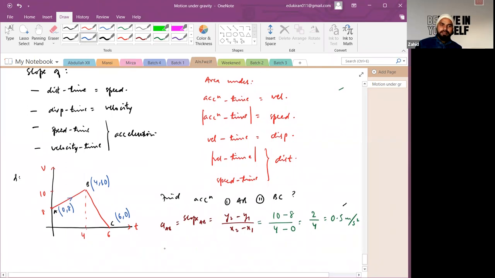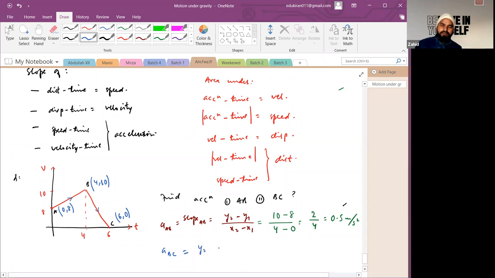Similarly, acceleration for B to C. The coordinate of C will behave as x2, y2, and the coordinate of B will now behave as x1, y1, as we are progressing from B to C. Good, Ifra.